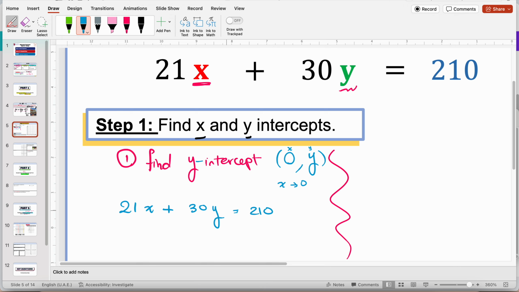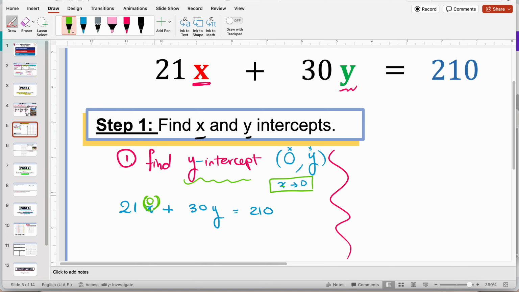Again, I cannot solve the equation because I have two variables. But thank God we're gonna find the y-intercept. The y-intercept allows me to put the x as 0 because that's the meaning of y-intercept. So in order to find the y-intercept, just substitute x as 0.